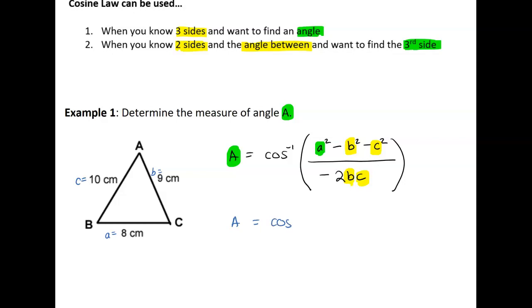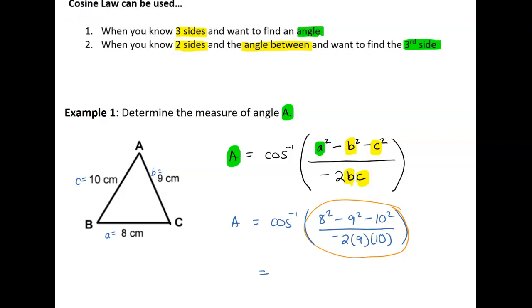So in this case, A equals the cos inverse of, in bracket, side length A, which has a value of 8 squared minus 9 squared minus 10 squared, all over negative 2 times B, which is 9, times C, which is 10. And this is where I would just plug it all into your calculator. Make sure you plug in what's inside the bracket first, and then do the cos inverse.